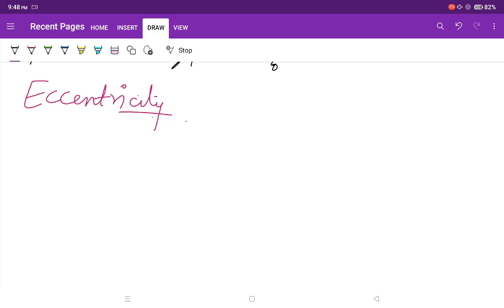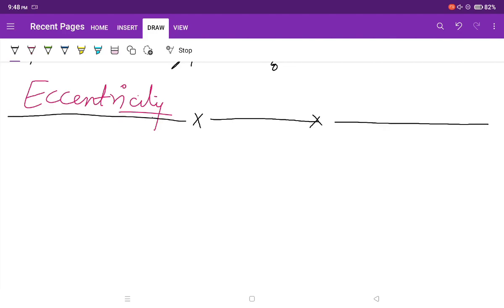Last time we saw that a parabola is generated when the distance from the focus equals the distance from the directrix. The distance of any point on the parabola from the focus equals the distance from the directrix.